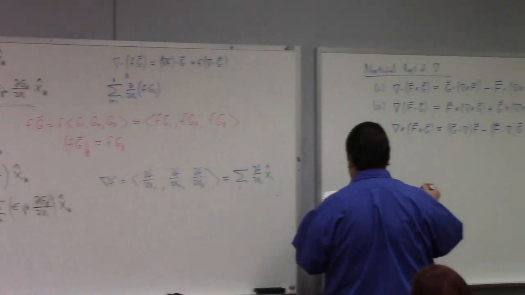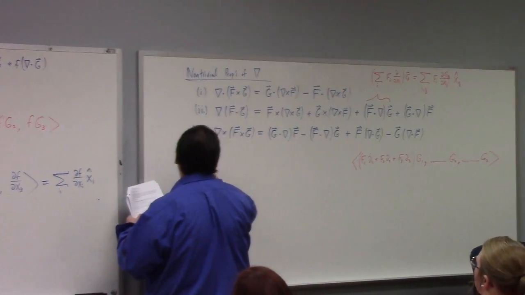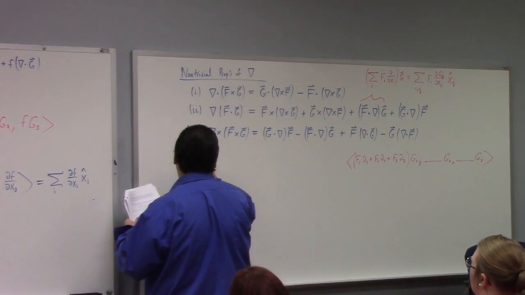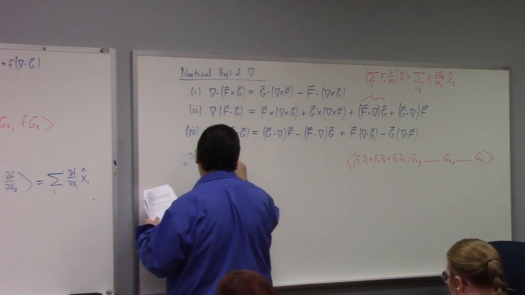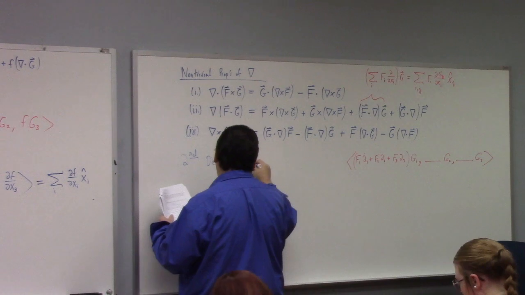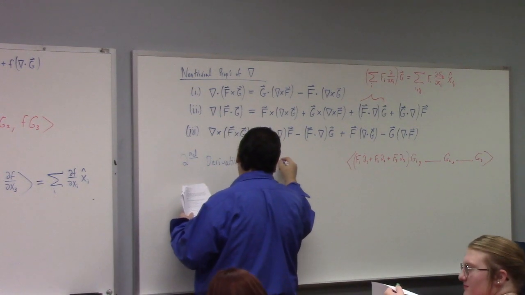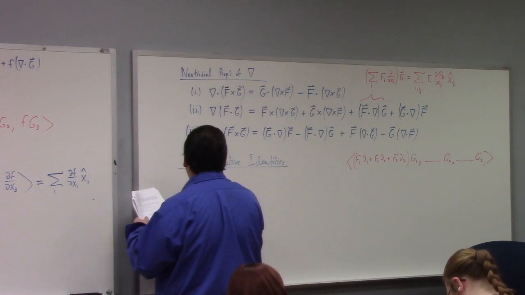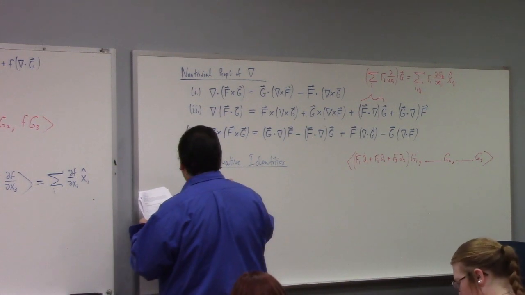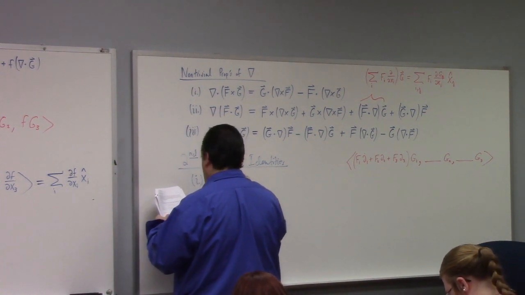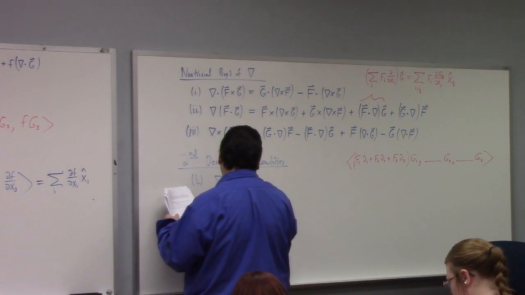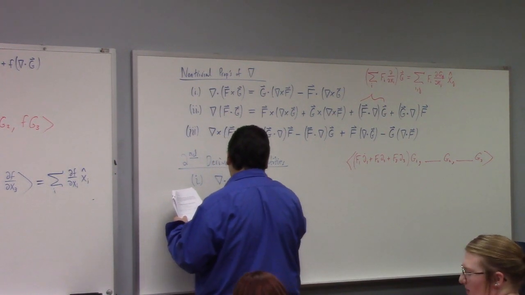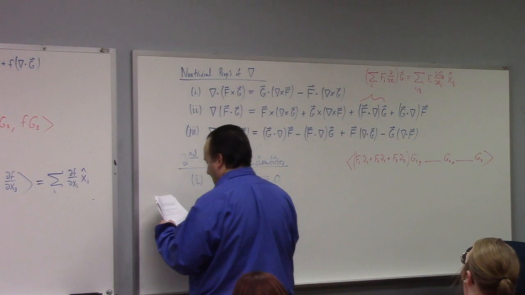Further properties. Second derivative identities. These are actually even more important than the ones above. So first of all, the divergence of a curl is 0.